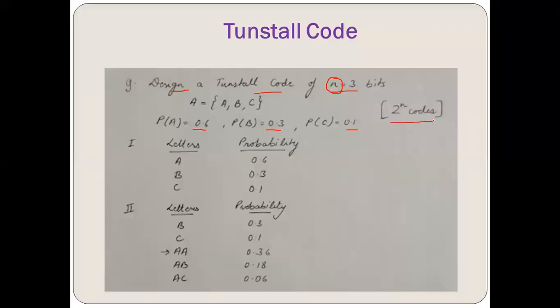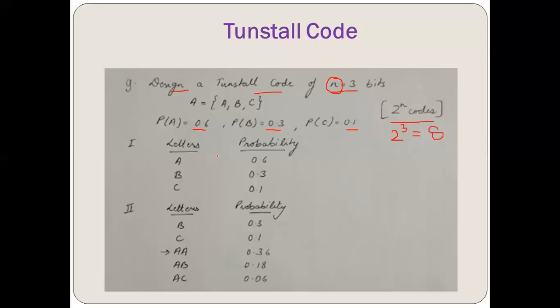This is the maximum number of codes I can generate. It cannot be more than 2 raised to the power n. So what is 2 raised to the power 3? It will be equal to 8. Okay, so 8 is the number of codes I can generate with the help of this source.